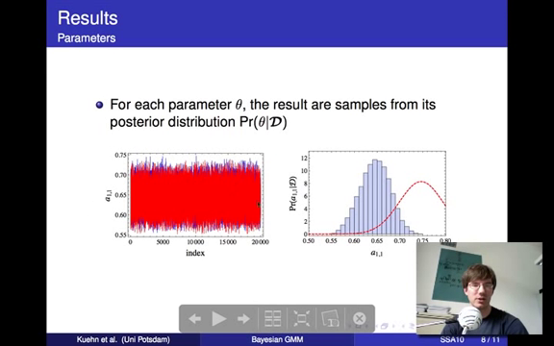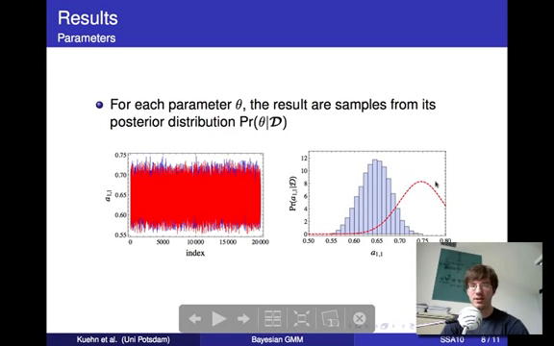Here we see we have a stable, good mixing posterior distribution, and here we have then a histogram of our posterior distribution, and then we can of course calculate the mean of this distribution. We can calculate quantiles, the interquartile range, or the maximum of this distribution. And the nice thing is it's a full probability distribution.